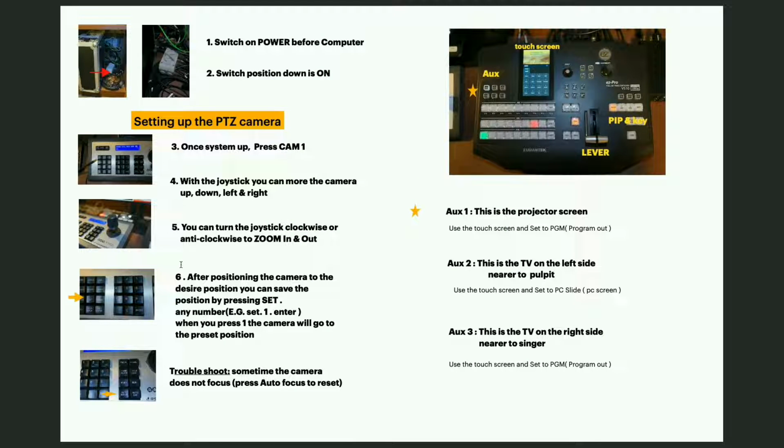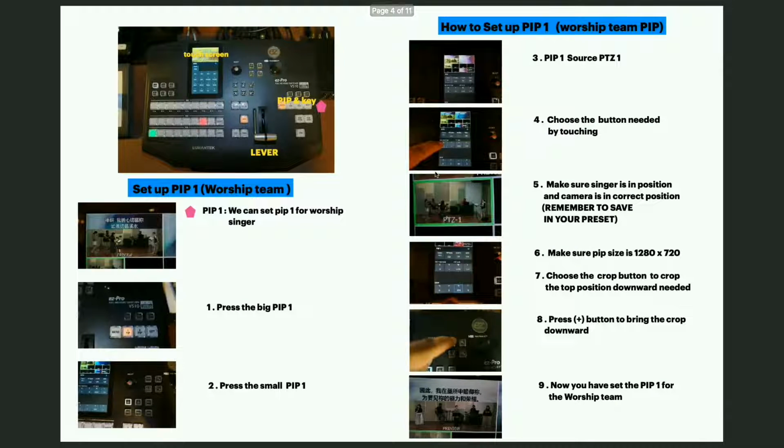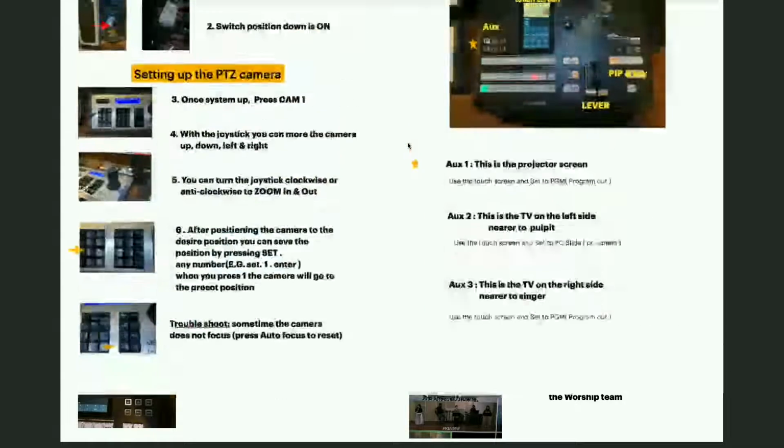When you go here, you must know how to set your aux1, aux1 projector, aux2 set to the TV on the left hand side, and aux3 to the TV on the right hand side. That's the main thing we can learn now.